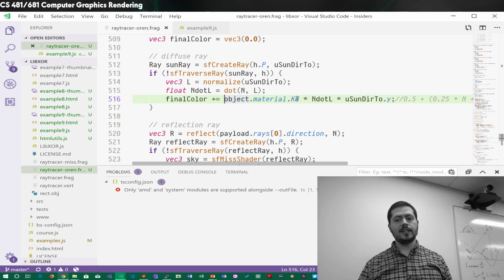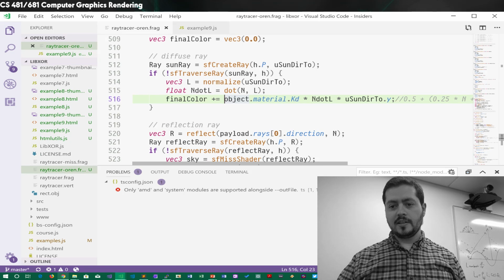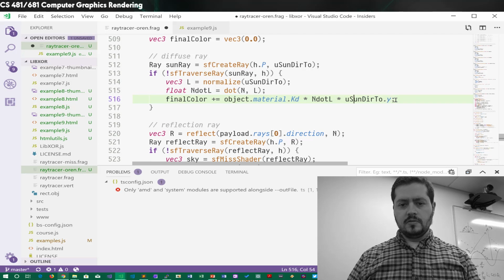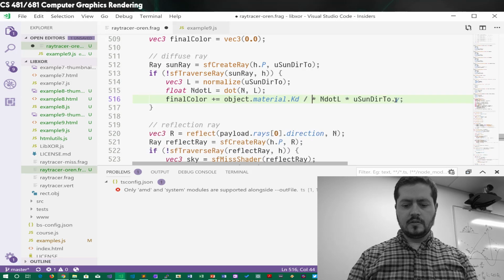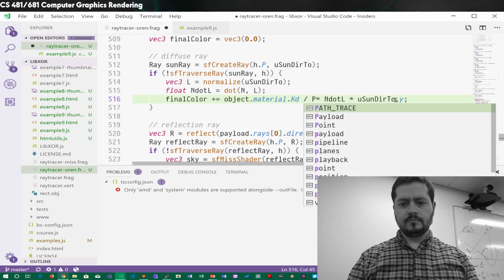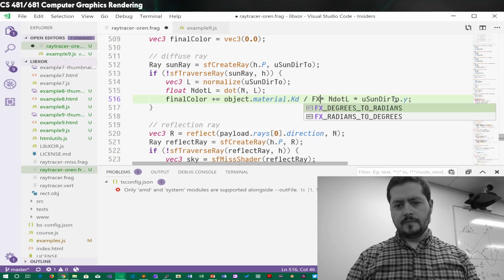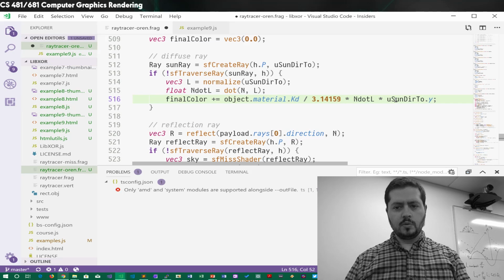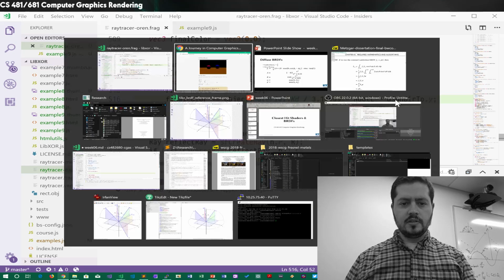You'll notice I'm not dividing by pi though, so maybe that's something I could do to be more accurate. Let's use 3.14159. It's probably plenty good.